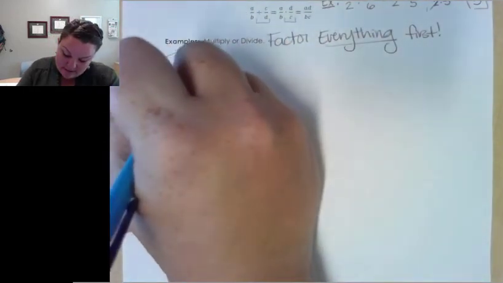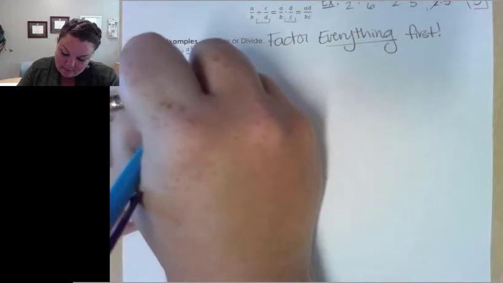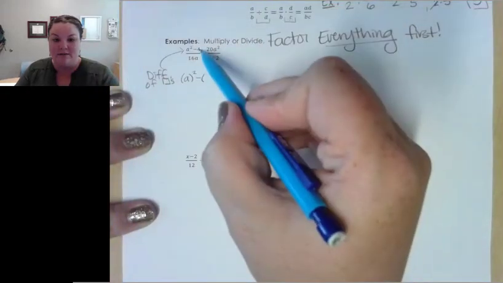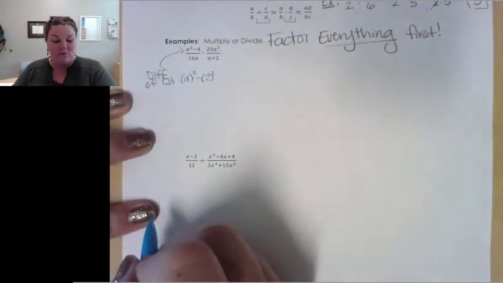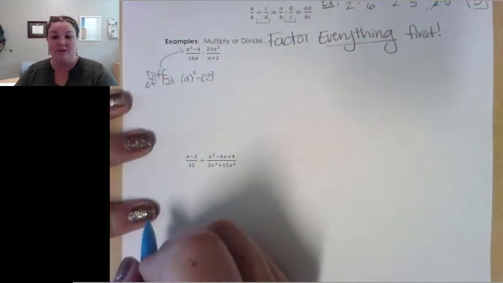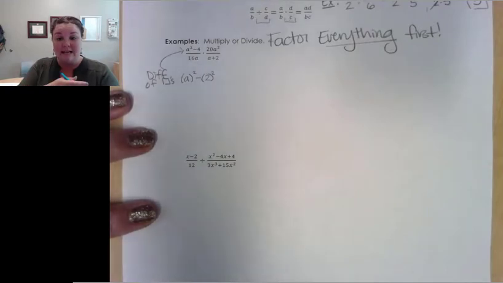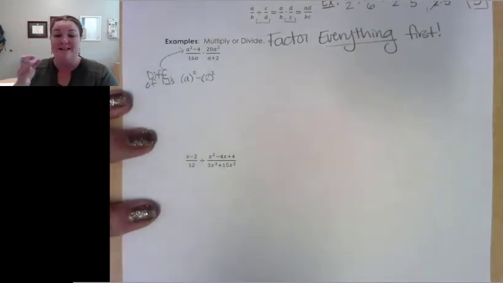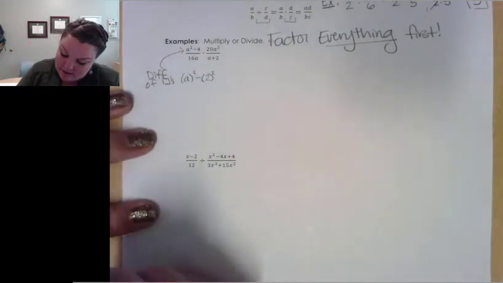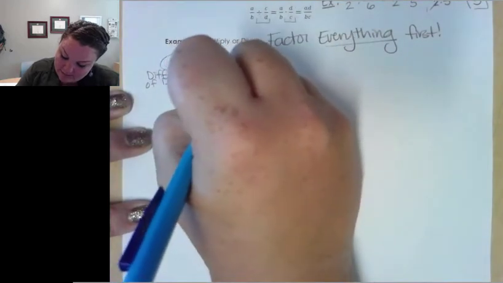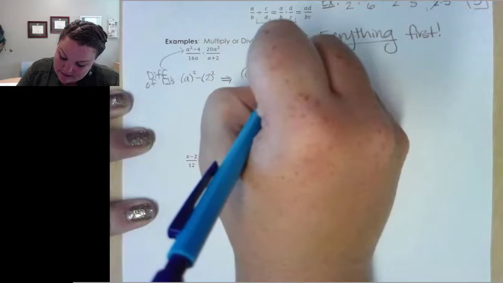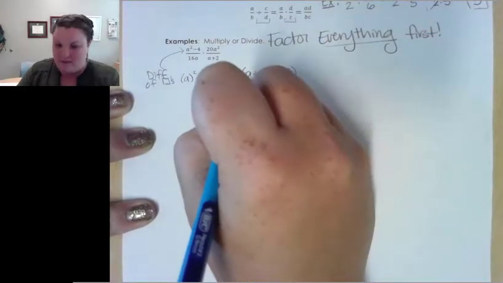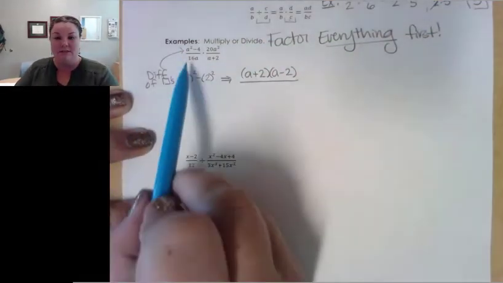This is the same thing as a squared minus 2 squared. Difference of squares tells us that this is going to factor into the first base plus the second base times the first base minus the second base. So I'm going to rewrite that as a plus 2 times a minus 2. That's the top of the first expression.